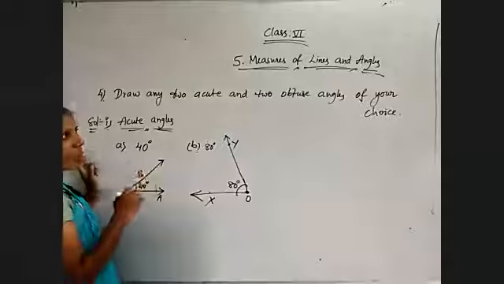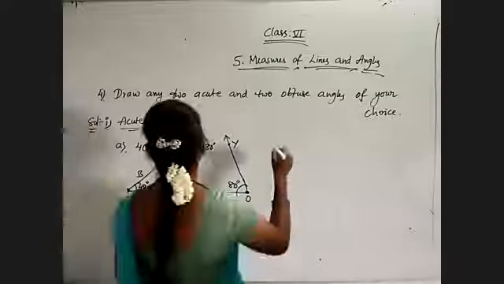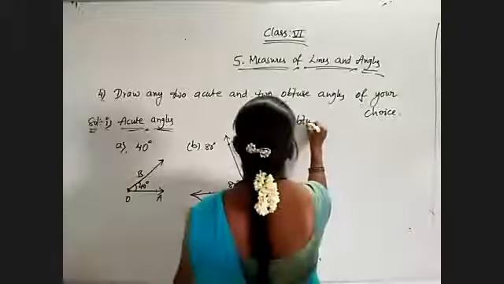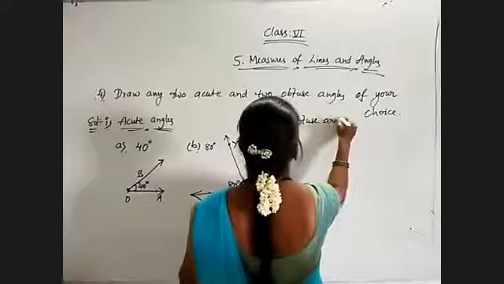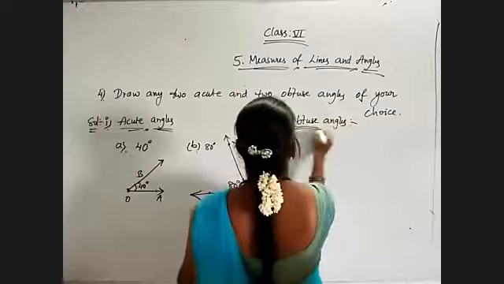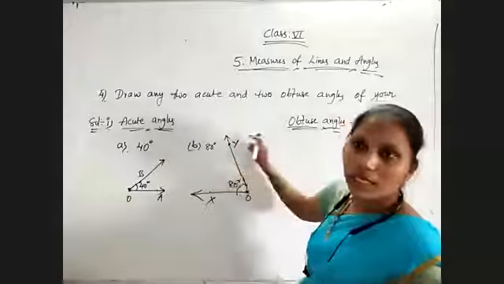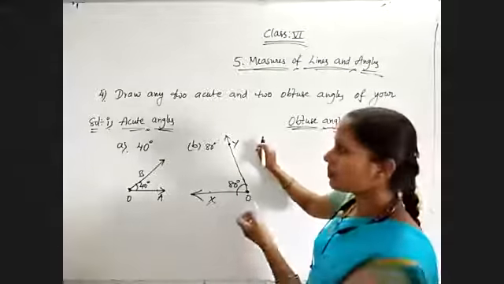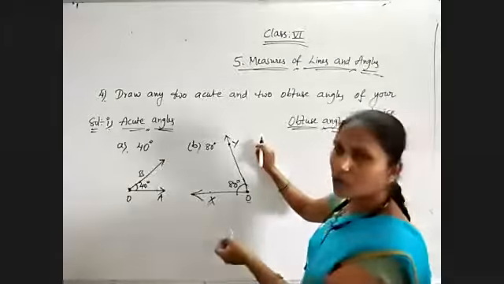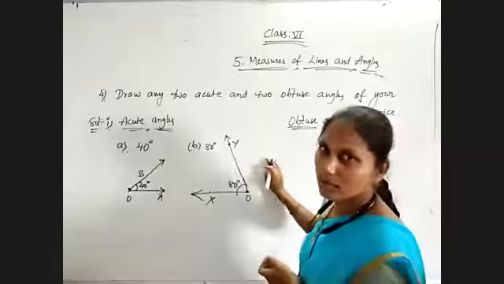Okay. Now coming to the obtuse angle. Select any number, but you should not repeat 40 and 80. Select any other number. Like below 90 degrees, take any two values and construct angles.